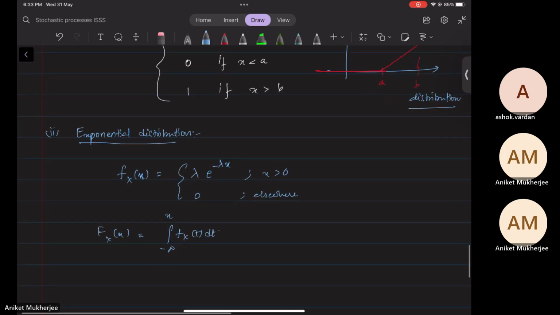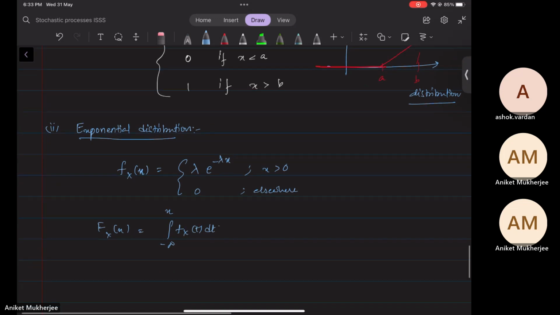But since the exponential random variable is only defined for positive x, this is basically the integration from 0 to x of lambda e power minus lambda t dt, which is 1 minus e power minus lambda x.